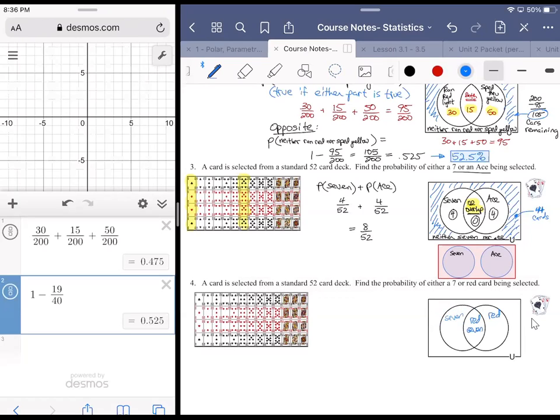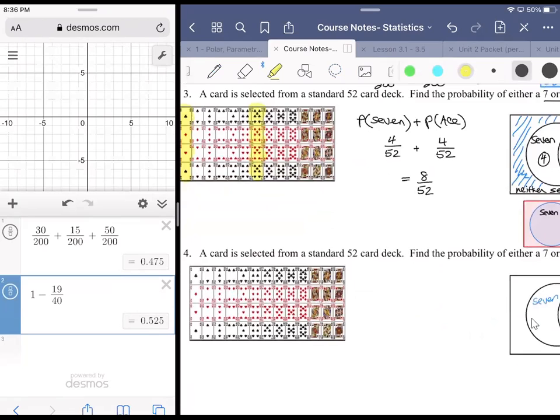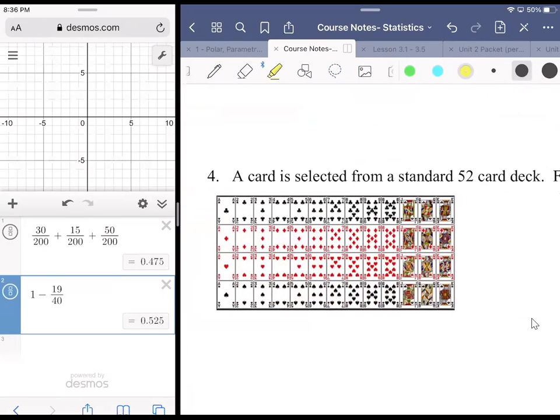Did I say many? There aren't many. There's just 2 of them. But there are cases in which there are cards that are red and 7 at the same time. So what I would do is take note again of all my 7s, and then take note of all my reds.